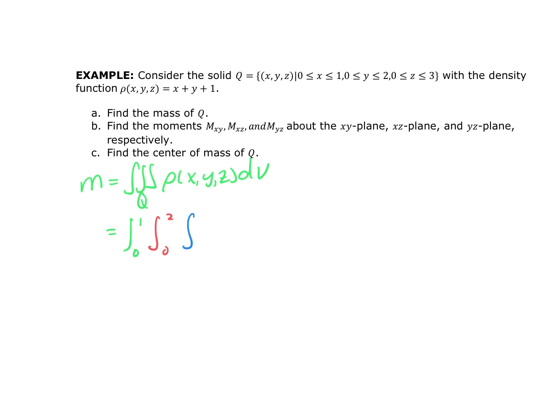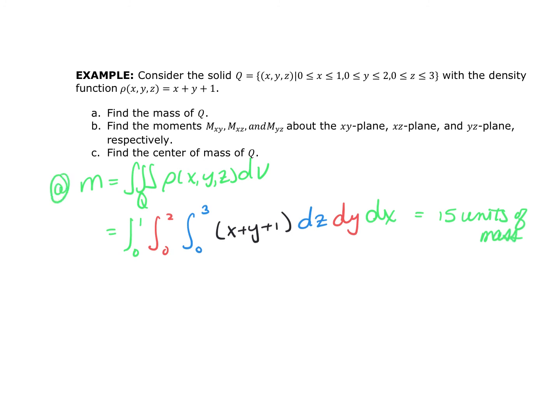And we'll do z first just because we can, from 0 to 3, of my density function, which is x plus y plus 1, dz dy and dx. So this is actually not a bad integration. My limits are nice. When I get totally done, I should get 15, and it's units of mass.